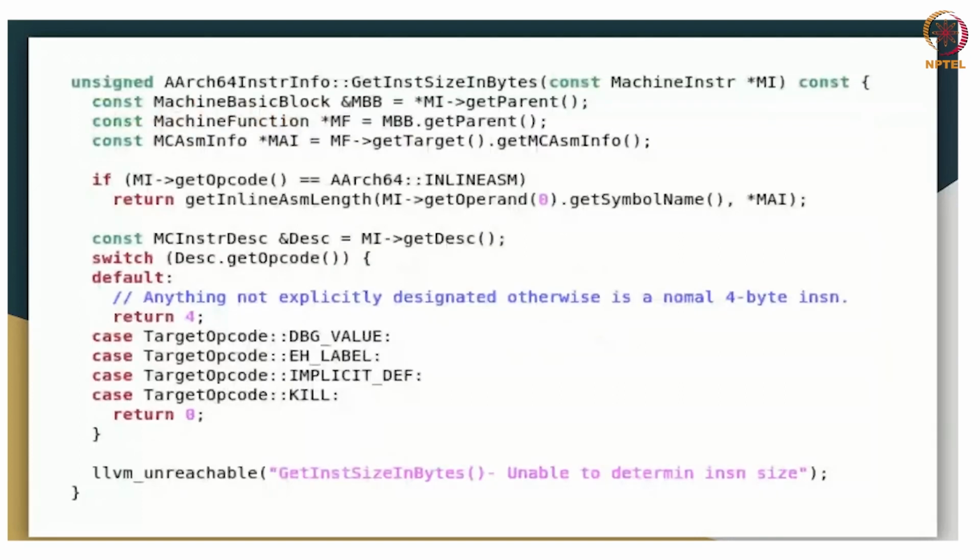This is code which I just copied from my machine's code, like lib analysis, AArch64 instruction info CPP file. This function is getInstSizeInBytes. The argument is a machine instruction. Then inside that, the code is written to implement it.